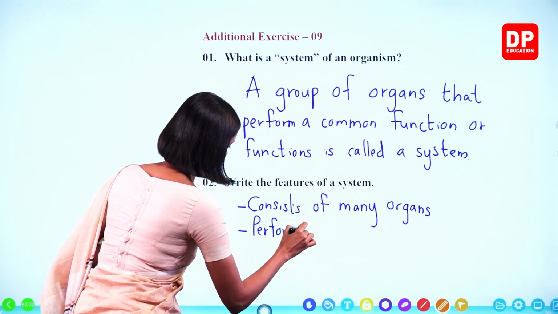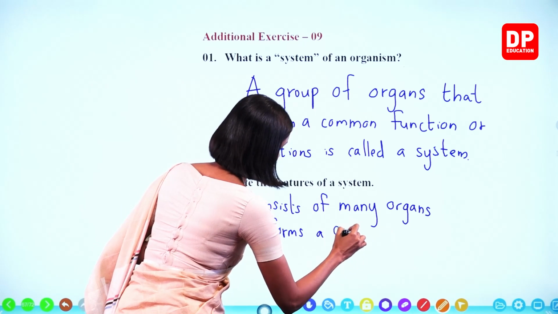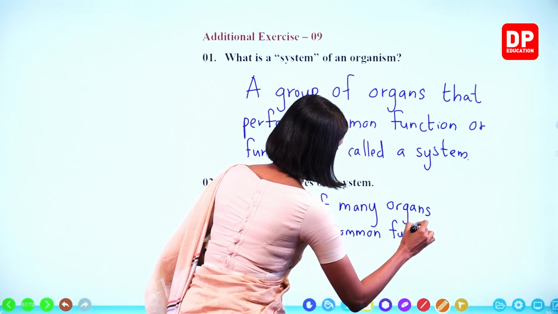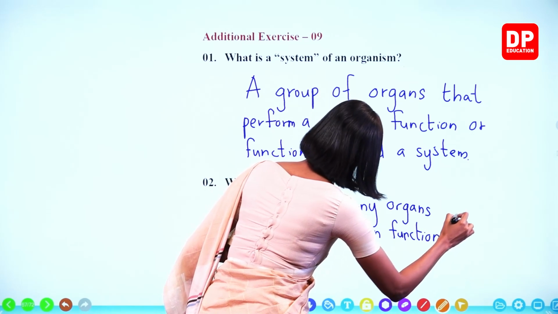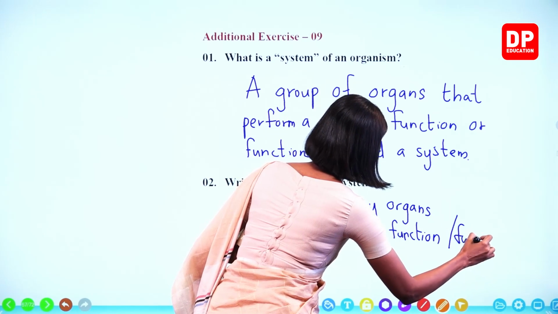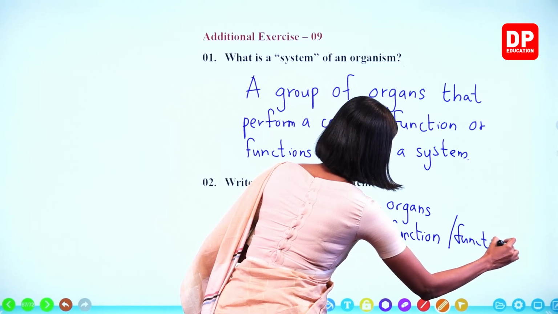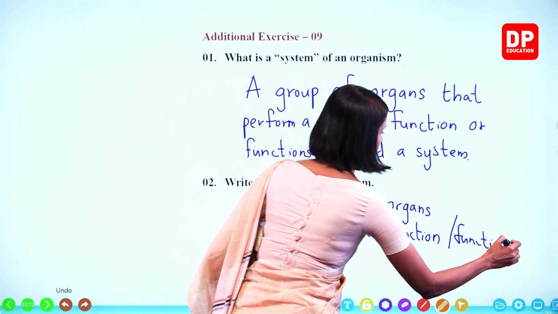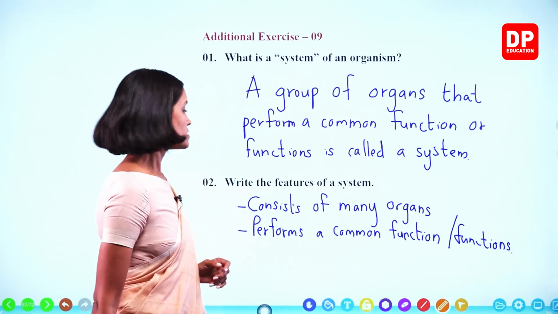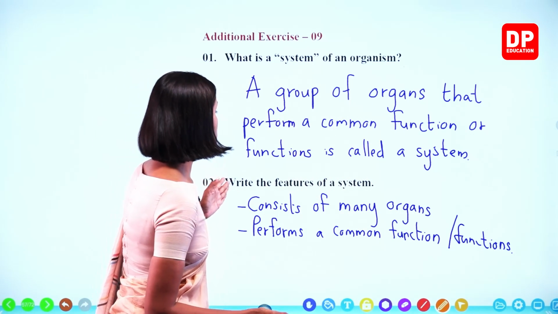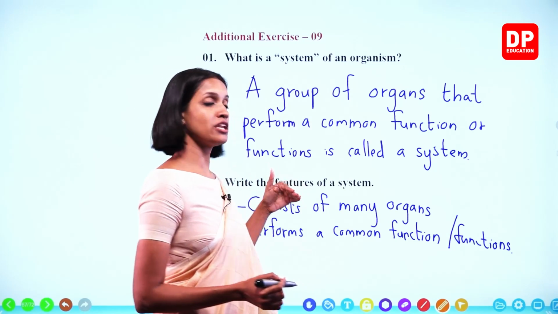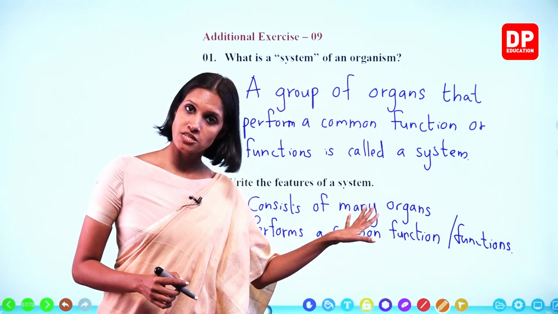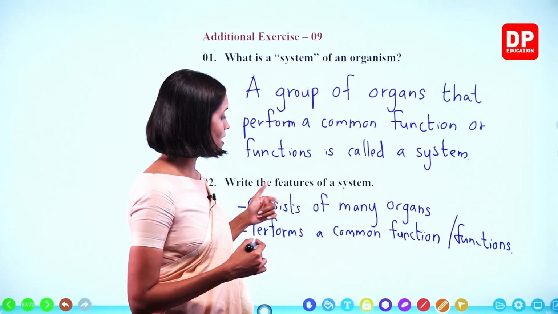Performs a common function or functions. Right, children? Write the features of a system: consists of many organs and performs a common function or functions. We'll move on to the next.